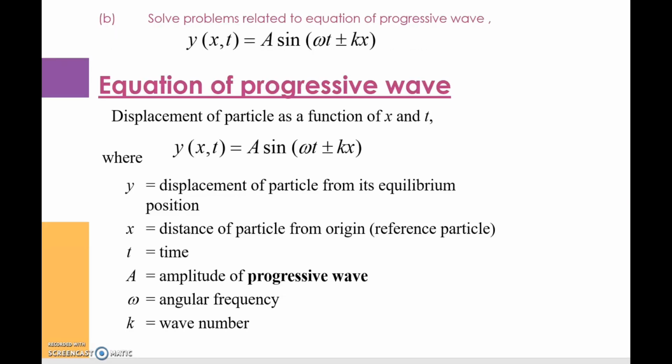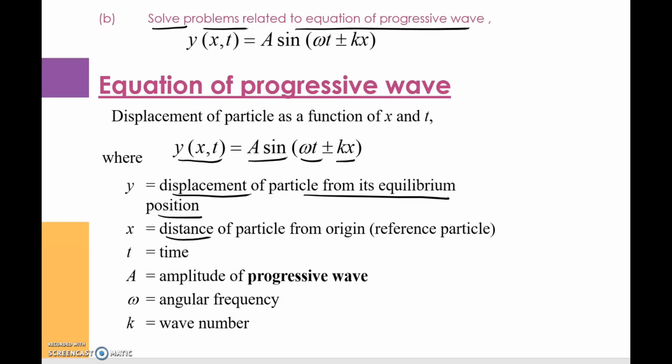Next, we have 10.1b, where you have to solve problems related to the equation for a progressive wave, where y is equal to a sin(omega t plus or minus kx). We have y(x,t) equals a sin(omega t plus or minus kx), where y is the displacement of a particle from its equilibrium position, x is the distance of the particle from the origin, t is time measured in seconds, and a is the amplitude of the progressive wave measured in meter or centimeter.